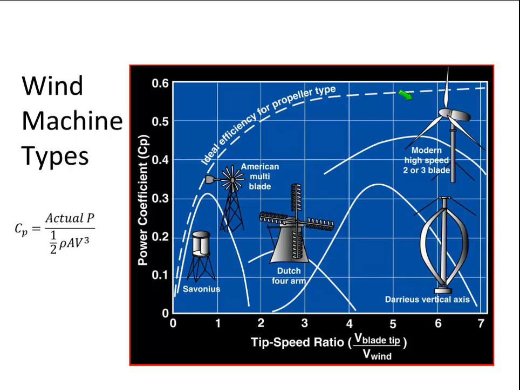As we get up closer to this is where that theoretical maximum is. So we're doing pretty well with the modern high-speed windmills. If you think about a large wind turbine, they seem to be turning very slow, but the tip of that blade is going in the 130 to 170 mile per hour range.